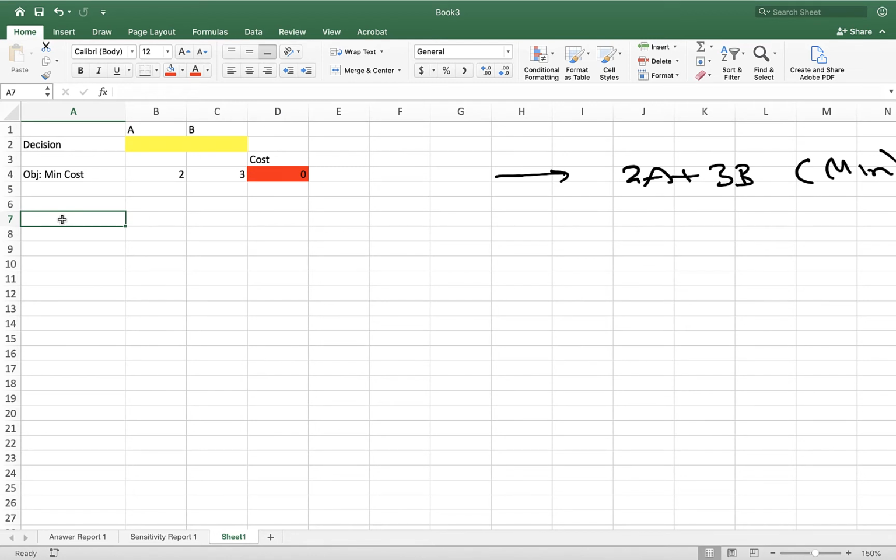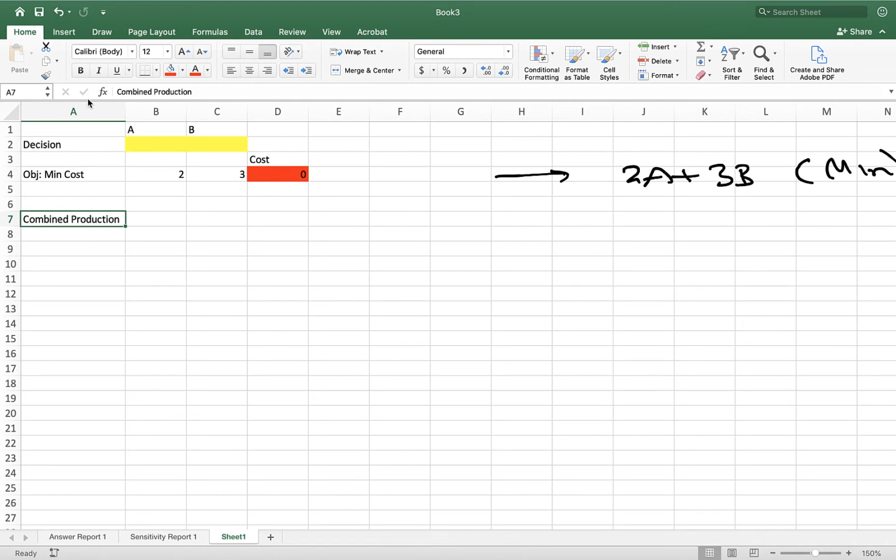So I had one constraint, so it doesn't matter which order you put the constraints in. So we can actually say, for example, let's put in the combined production. So the combined production we have is going to be A plus B must be greater than or equal to 350.